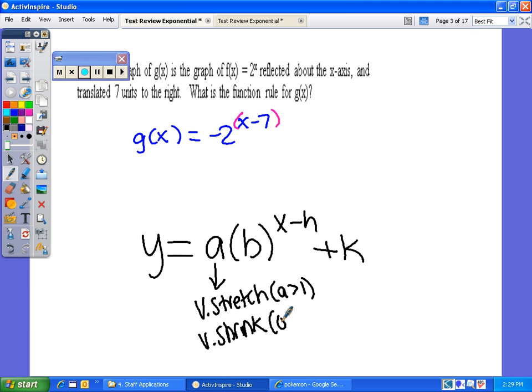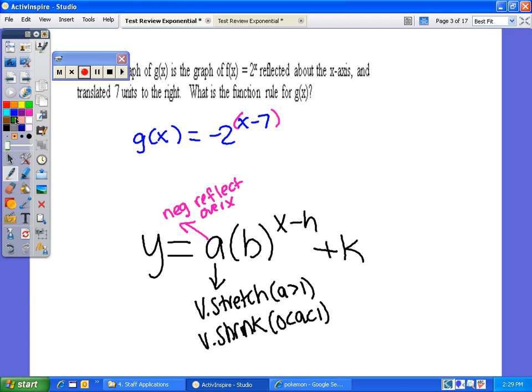You're going to shrink if A is a fraction. If A is negative, that is a reflection over the x-axis. Now the B tells you whether it's growth or decay. We're not really going to do anything with this part.